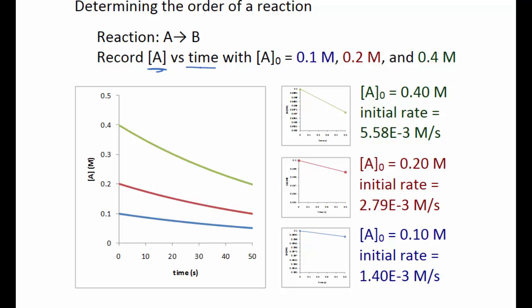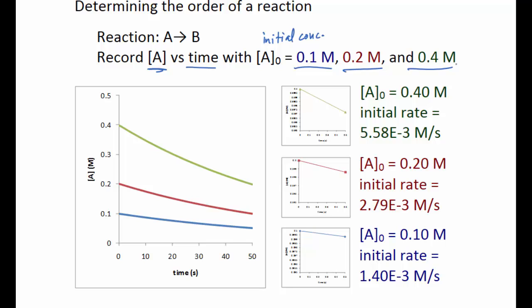What do you suppose that means? What kind of concentration? Initial concentration. At different values. We start out the initial concentration differently, and then we record how that changes over time.